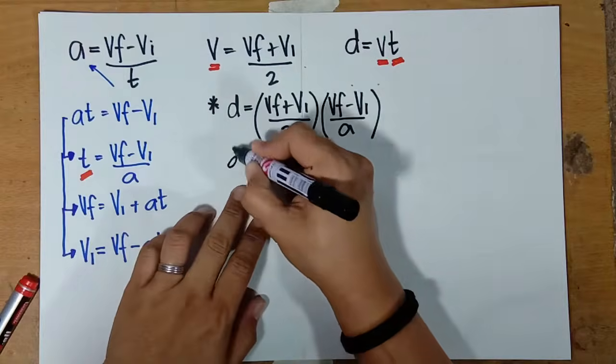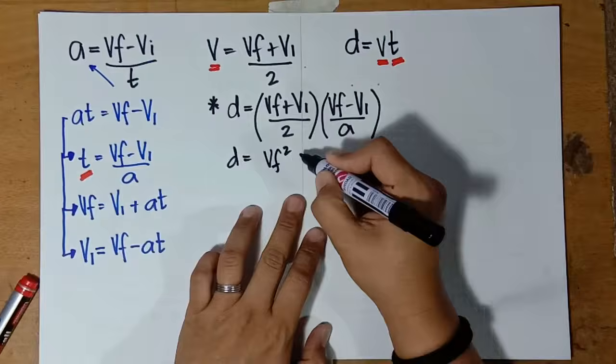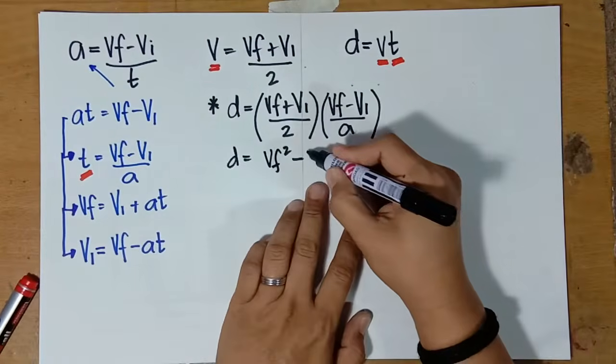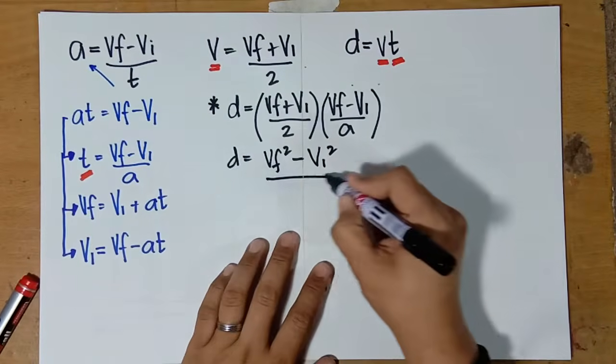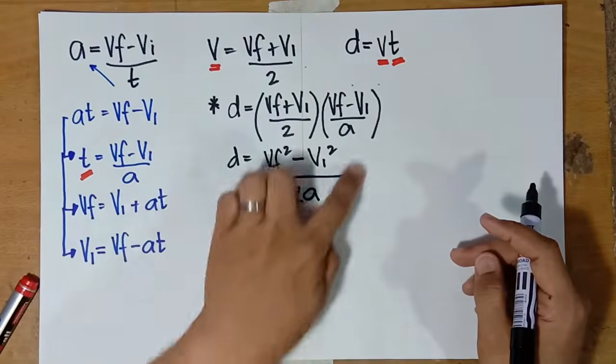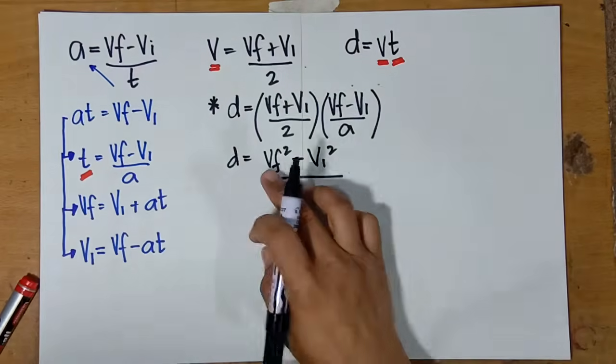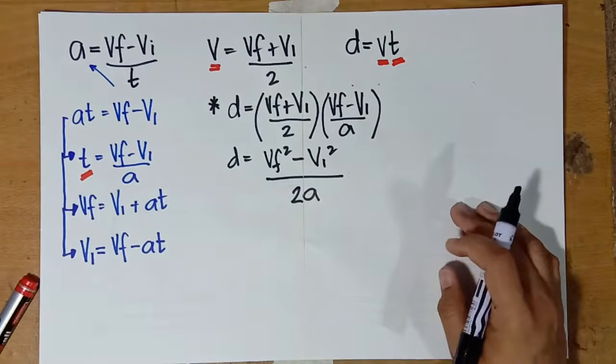So this will give us Vf times Vf, so that is Vf squared, minus Vi times Vi, so that is Vi squared, all over 2 times a, that's 2a. There you go. So we now have another formula for the distance given the Vf, the Vi, and the acceleration.